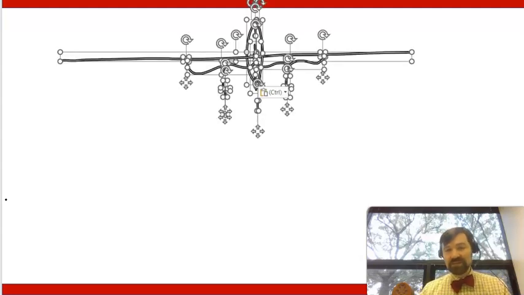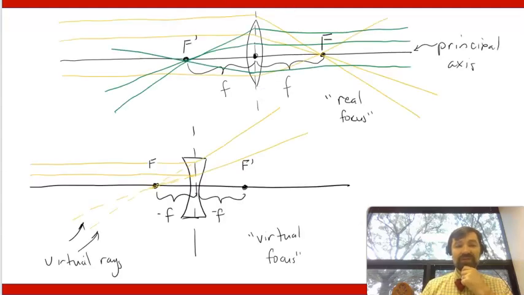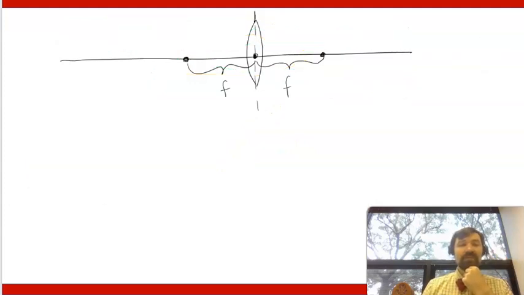The second set, and again, I said I would copy this over, is basically, what about actually using this to find images? Because all I've done with these diagrams is define focal points and define whether I have a real or a virtual focus. So again, I can come over here, and for finding images, you draw for yourself an object.